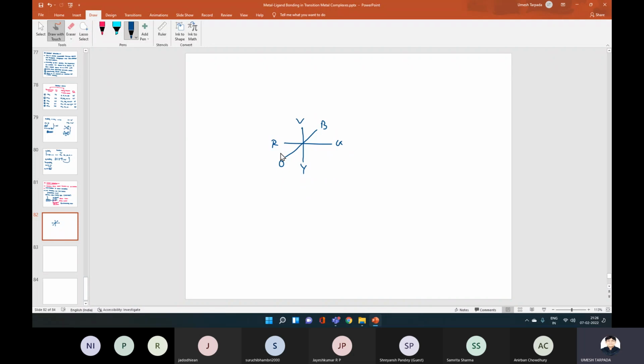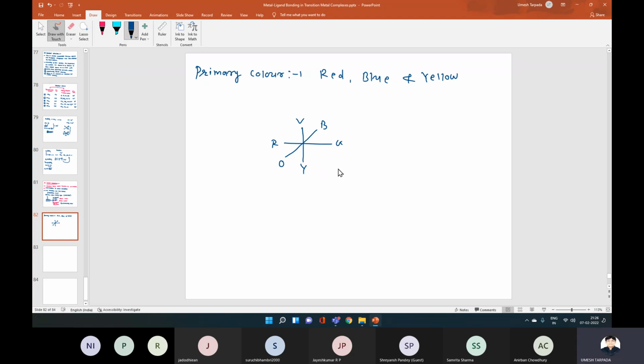So here, see, this is a combination. Which color is absorbed and which color is reflected? Suppose violet color is absorbed, then it looks yellow. The primary colors are red, blue, and yellow. These three are primary colors.